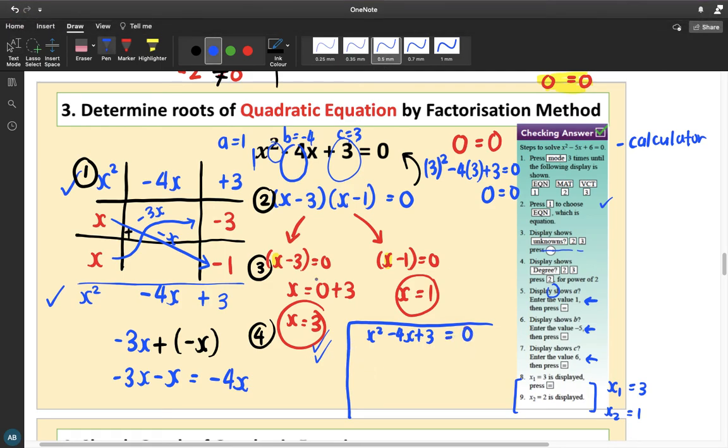So, ada step kedua, ada step ketiga dan ada step keempat. So, if kita gunakan calculator, kita skip terus ke step keempat. Di mana kita cakap x is equals to 3 and or x is equals to 1. Okay, tapi bila kita skip, bukan kita boleh tinggal lompong. Jangan simply.